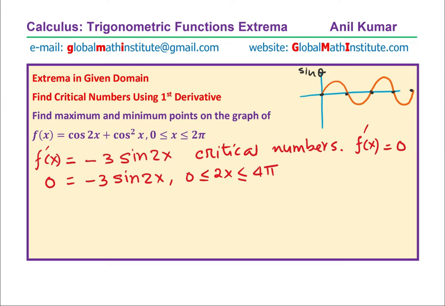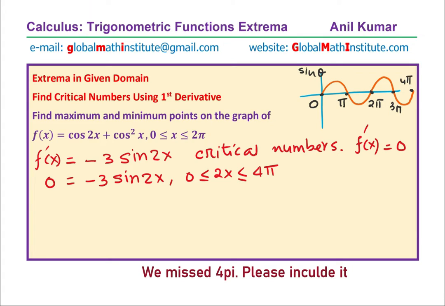Between 0 and 4 pi, the zeros will be at 0, then at pi, 2 pi, 3 pi, and 4 pi, correct?